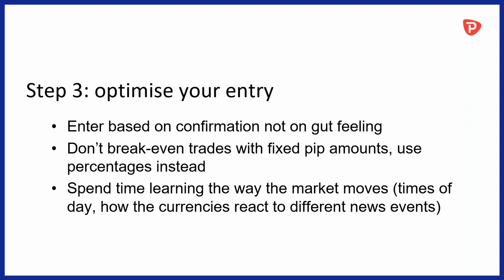So if you're expecting 30 pips, because that's what the trade's giving you as an opportunity, why not only break even the trade when you reach a certain percentage? Maybe that percentage is 65% of what you expect, or 70%. By doing that, you're market adaptive and you won't be taken advantage of as much by the human psychology the market knows. So always break everything down to percentages if you can. It's really helpful with scalping.